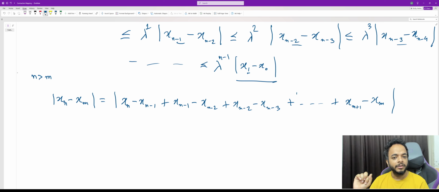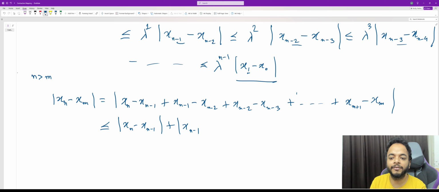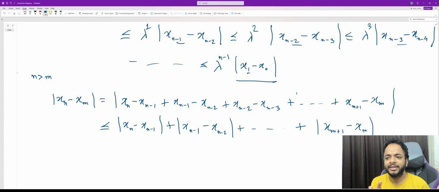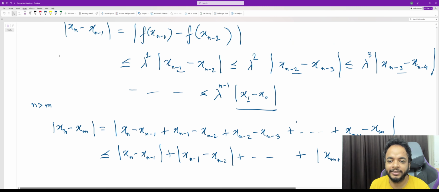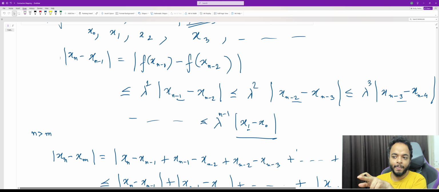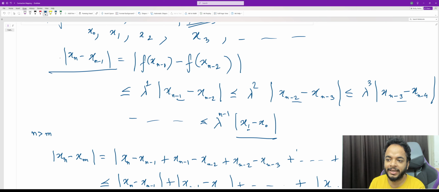Okay. Fine. Now we can use the triangle inequality and write this as less than or equal to the mod of xn minus xn minus 1. Why did I do this? Because I have already bounded the difference between two consecutive terms. So proceeding like this, we have xm plus 1 minus xm. Now look at this criteria, xn minus xn minus 1.